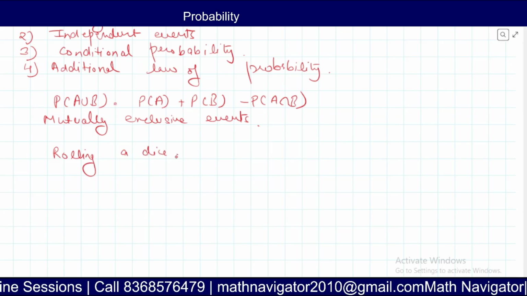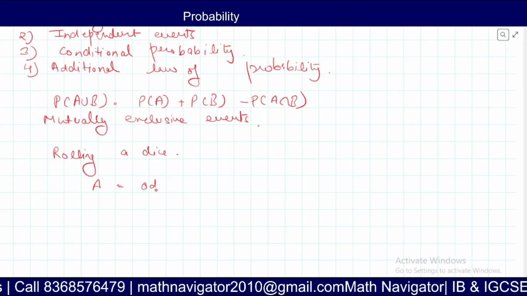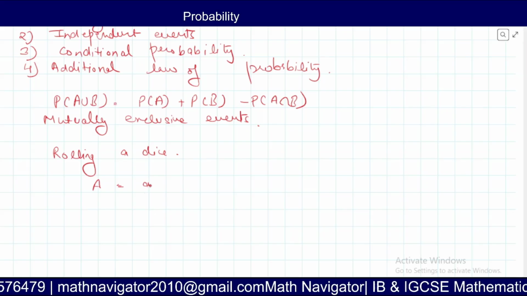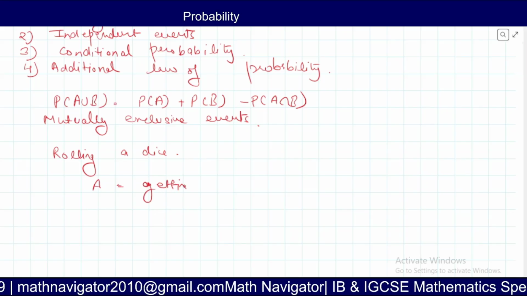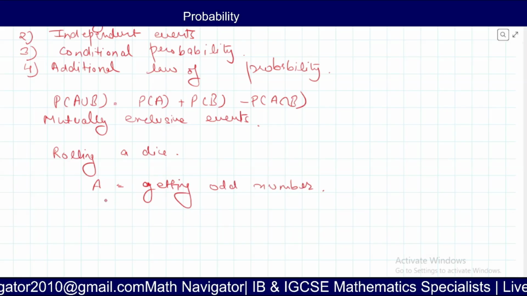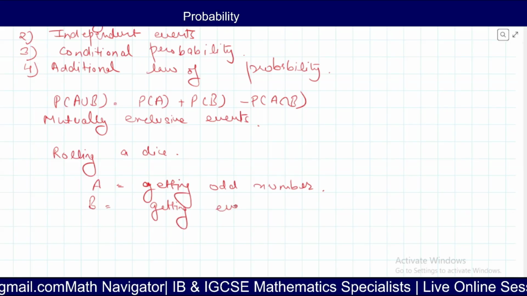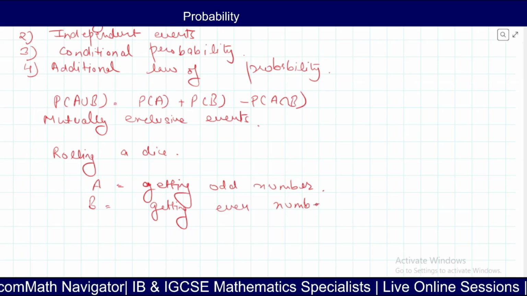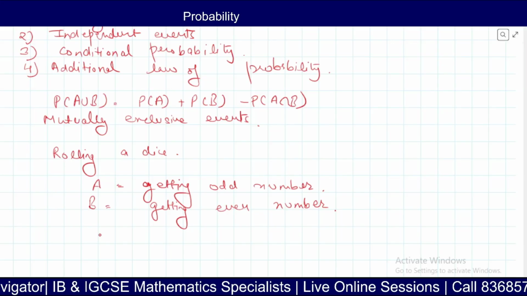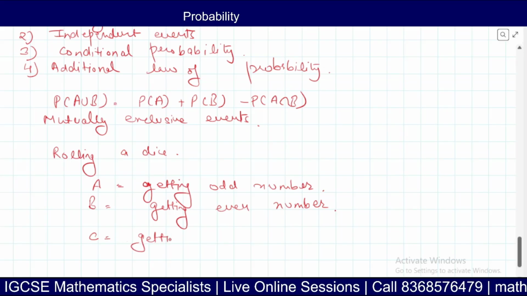So if I'm rolling a dice, let's say event A is getting an odd number, and event B is getting an even number. I'll give you one more example, then you'll understand which are mutually exclusive events and which are not. Let's call it event C as getting a prime number.